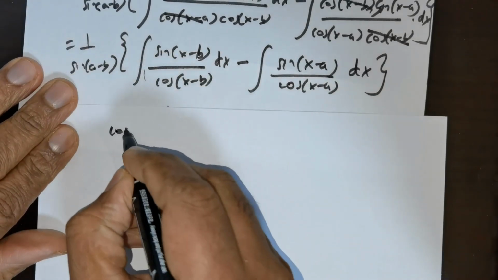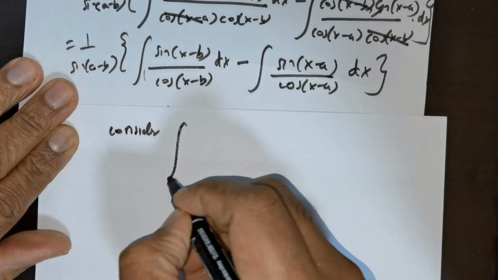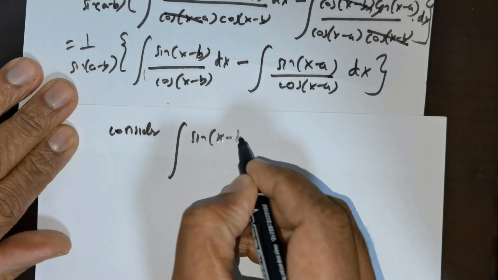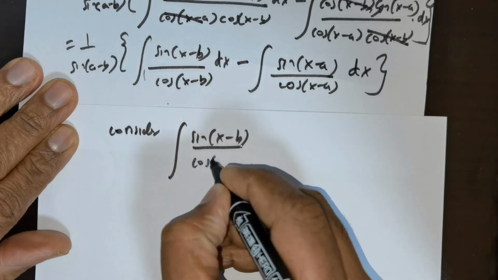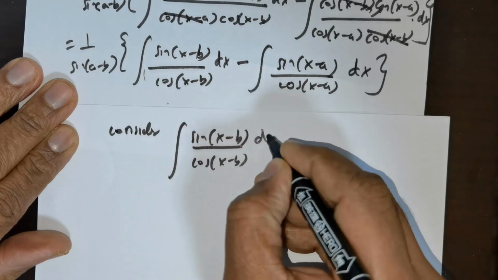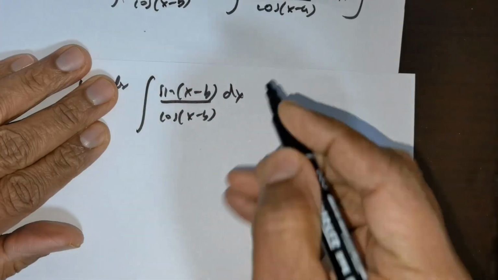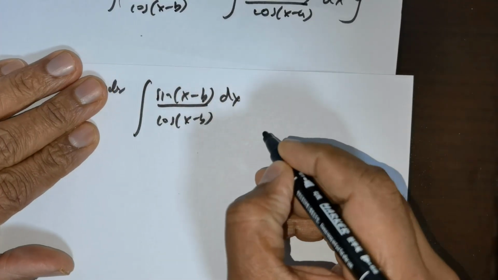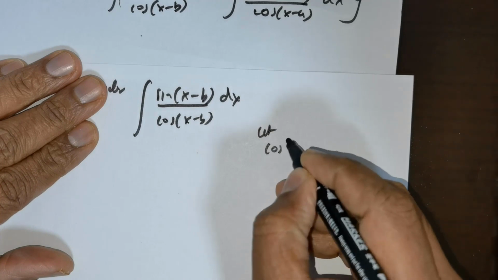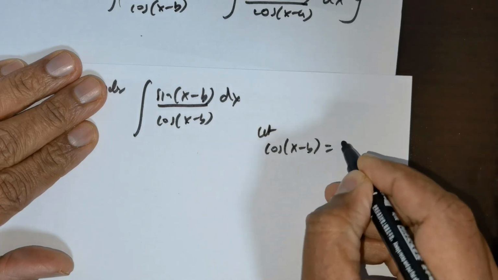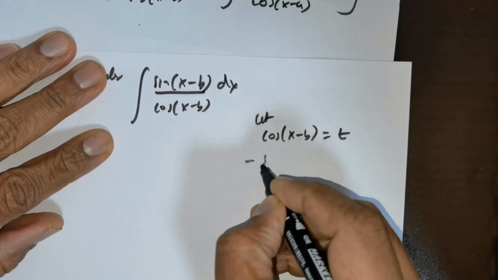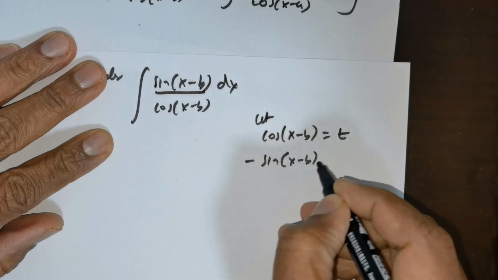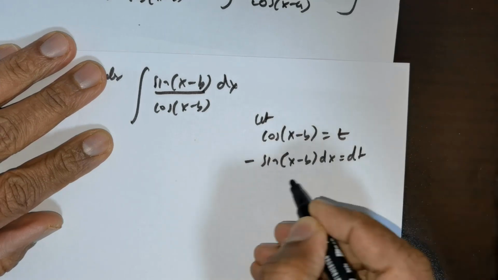So let me consider the integral of sine(x − b) divided by cos(x − b) dx. Now I'm going to take cos(x − b) equal to some t. I differentiate, I get negative sine(x − b) multiplied with dx equal to dt.